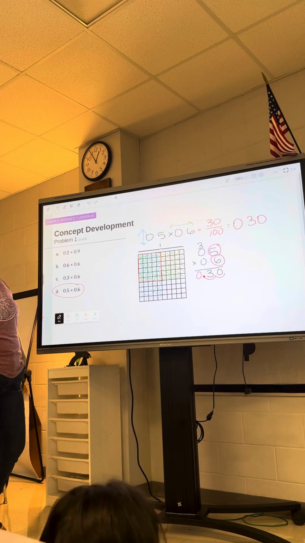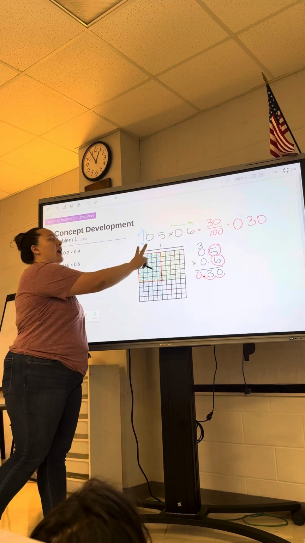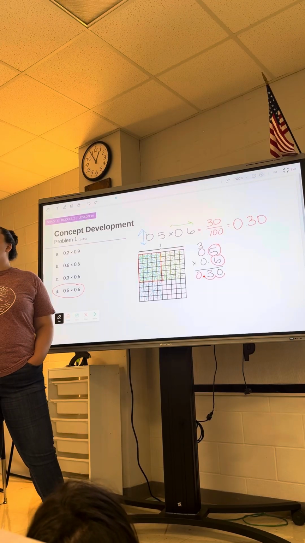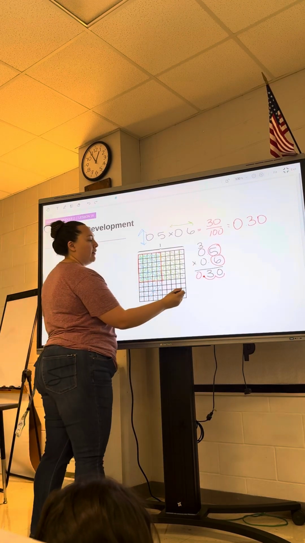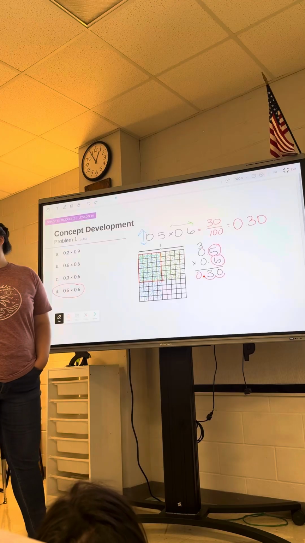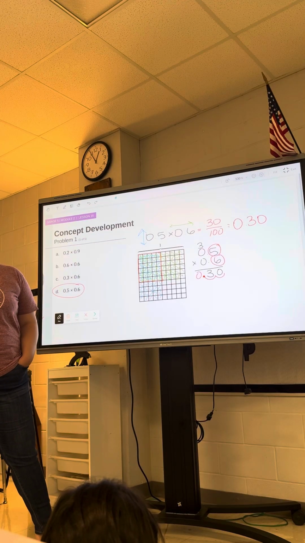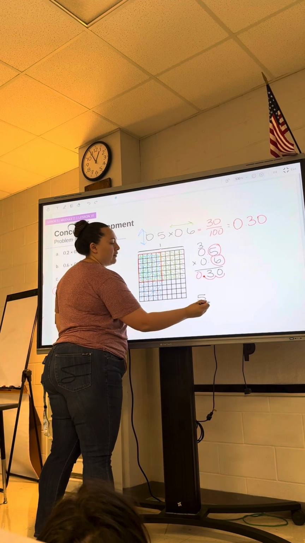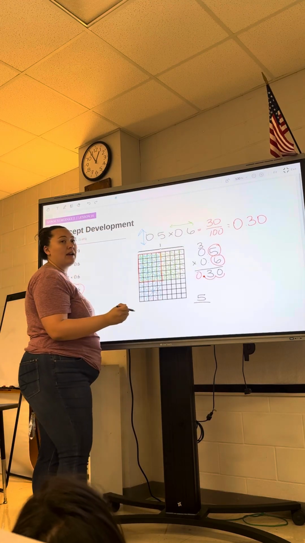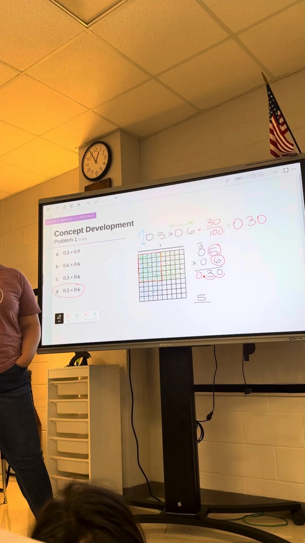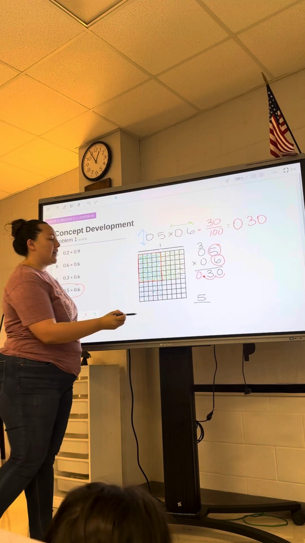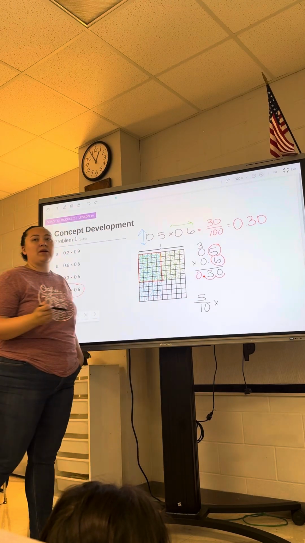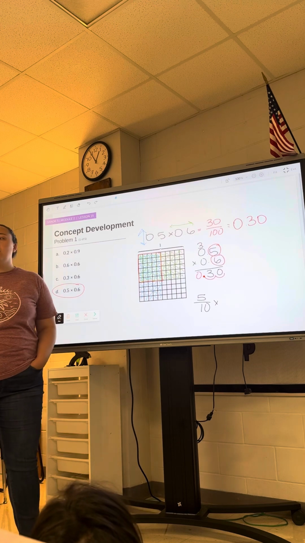Now, if I were to write these as a fraction, how would I write 5/10 as a fraction? Levi? 5 over, what place value is it in? 5 over 10 times, how would I write 6/10 as a fraction?